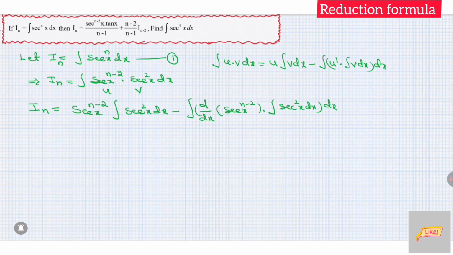Okay, now next step: I_n is equal to secant x power n minus 2 into, we know that integration of secant square x is equal to tan x.